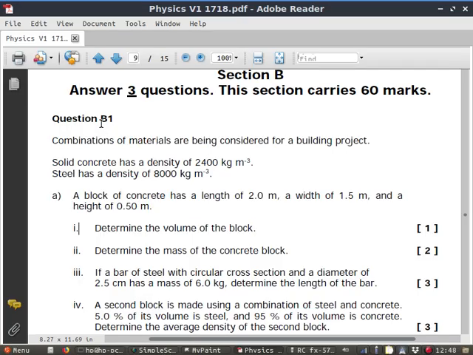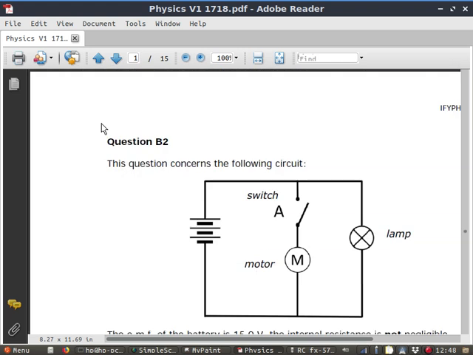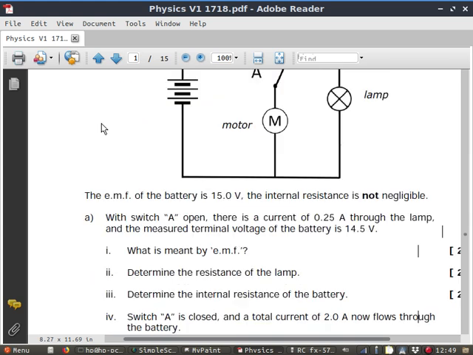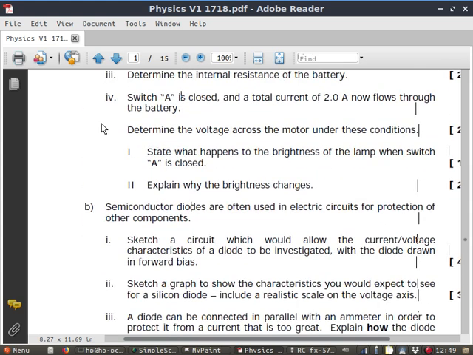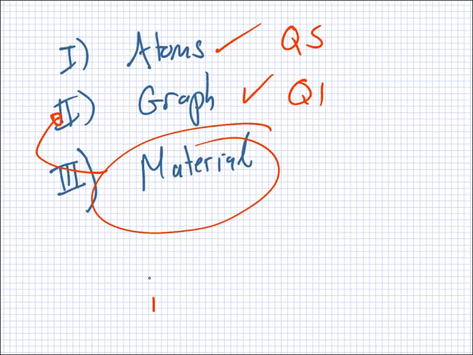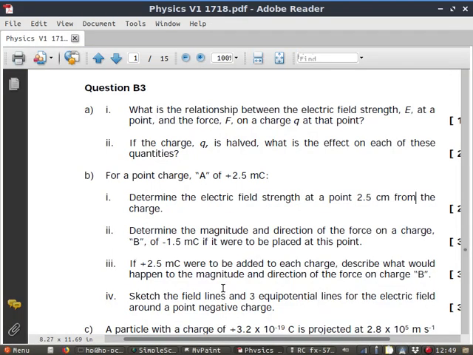So instead, I think mechanics or electricity, which is easier. This electricity question is okay. I don't like electricity. And how was the mechanics? Fields. Never do fields. Students do really badly on it.